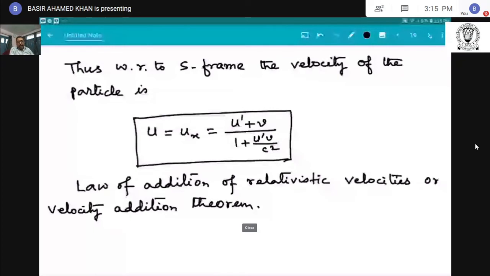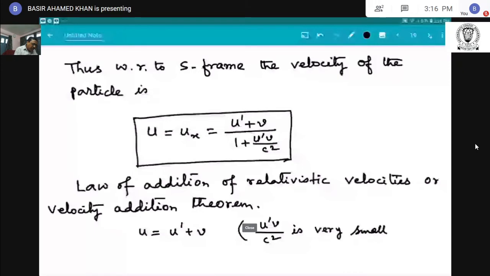Now if u dash and v are very small compared to c, then this equation becomes u equal to u dash plus v, because we neglect the term u dash v by c square, which is very small.